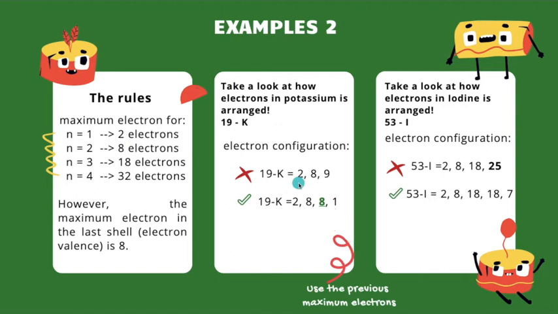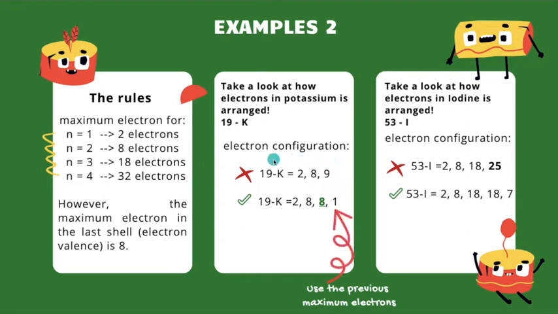Then we move to the second shell. The second shell only gets 8 because its maximum is 8, and we still have 9 electrons. For 19 electrons, we have 2 and 8, which is 10. 2 ditambah 8 itu 10, jadi sisanya masih 9.